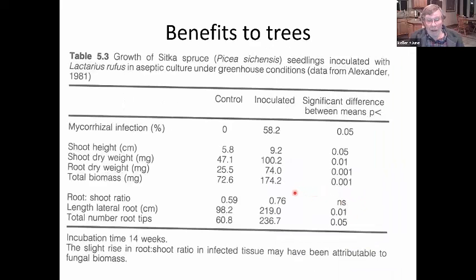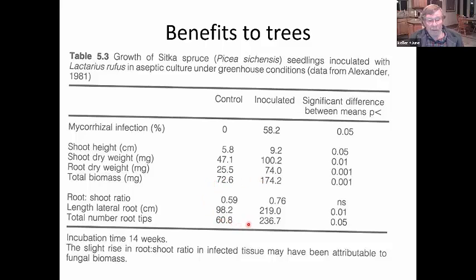And if you don't like pictures and you'd rather look at numbers, here is the growth of Sitka spruce with a basidiomycete in culture in a greenhouse, and basically it grew for 14 weeks. And if you look at the total biomass in the control, which has no mycorrhizal fungus with it, versus the biomass of the plant that has the mycorrhizal fungus, you can see it's more than double its biomass.